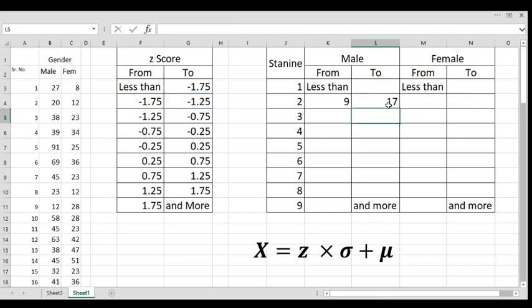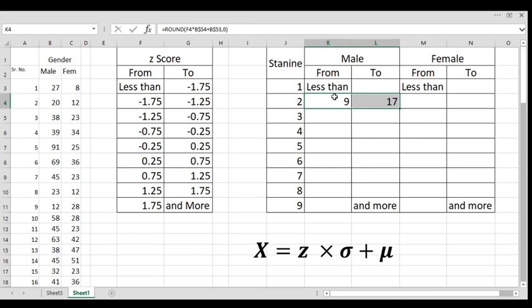So this is 17, this 17 is the x that corresponds to minus 1.25 z, and this 9 is the x that corresponds to minus 1.75 z. So the range of second stanine for male is 9 to 17.